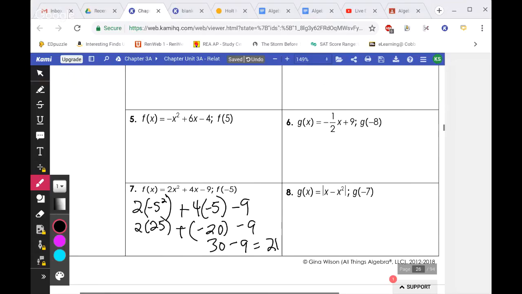So the first thing you do is the exponents. The second thing you do is multiplication, and then you do your addition and subtraction. Does that help? Yes. Okay, cool. Great questions.